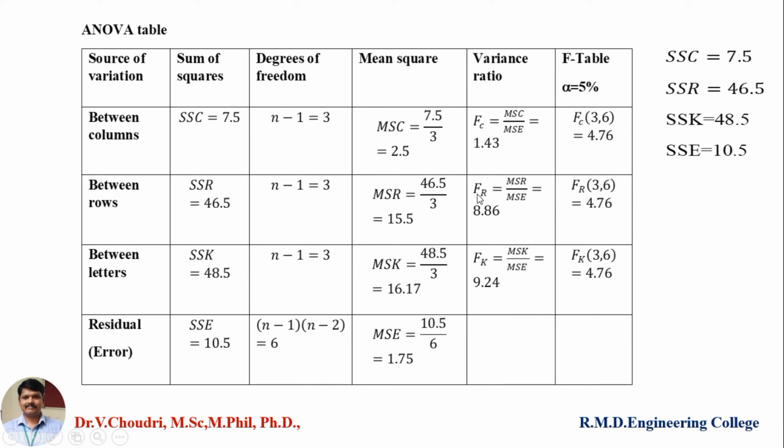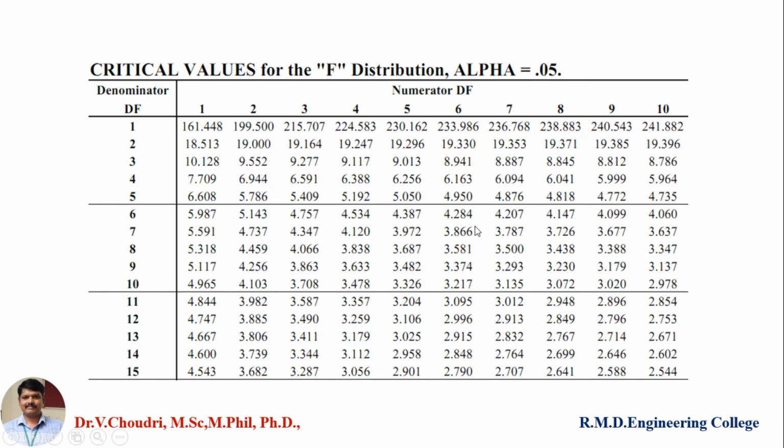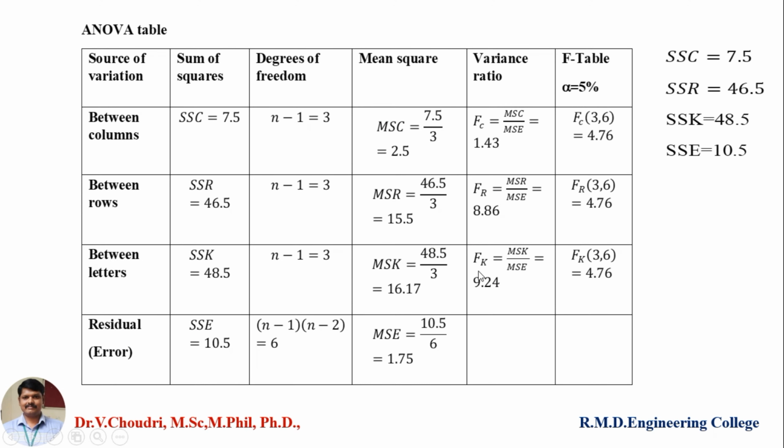Next FR, 15.5 divided by 1.75. What is the answer? 8.86. And the variation ratio of treatment, 16.17 is greater than 1.75, so this one is the numerator and MSE the denominator. What is the answer? 9.24.